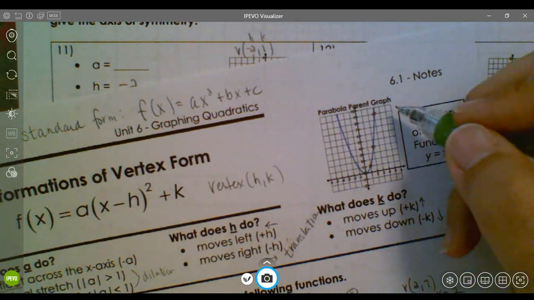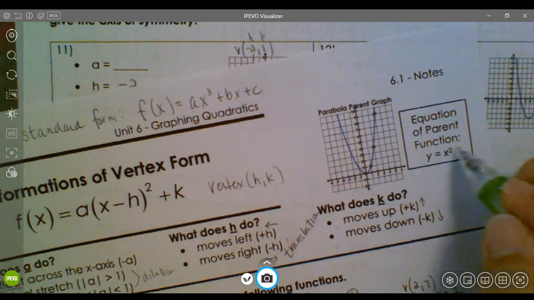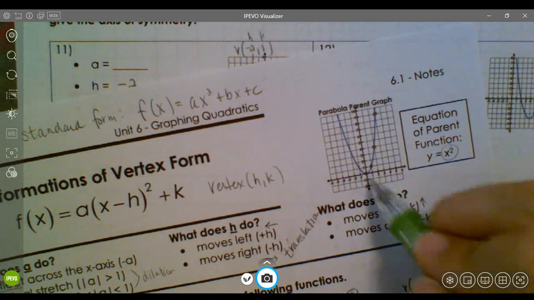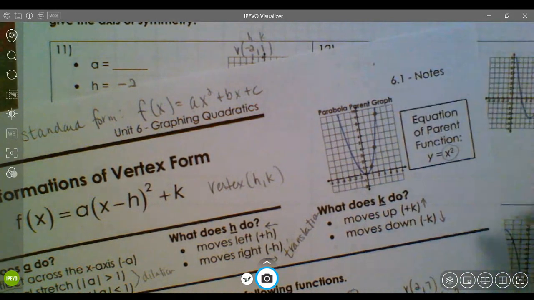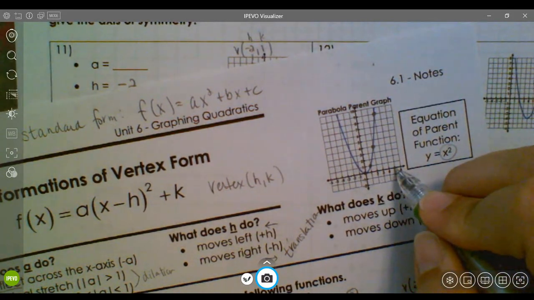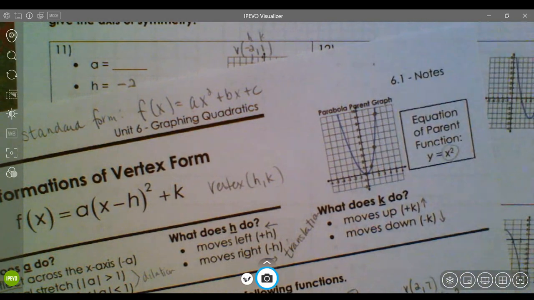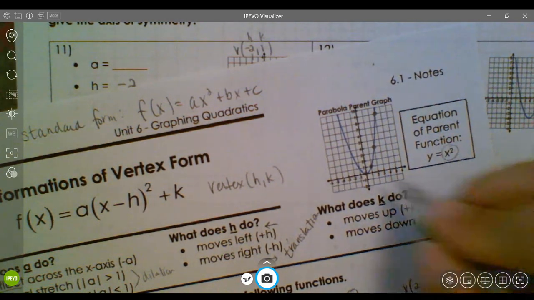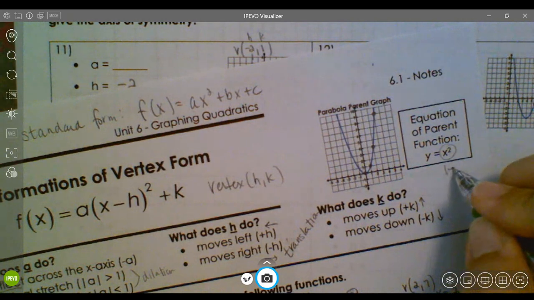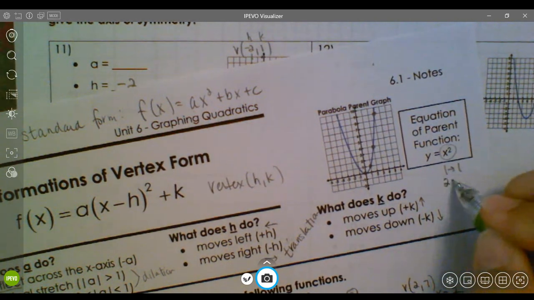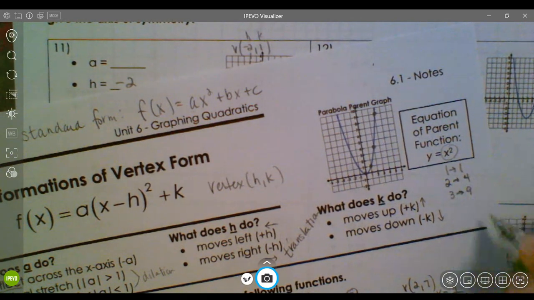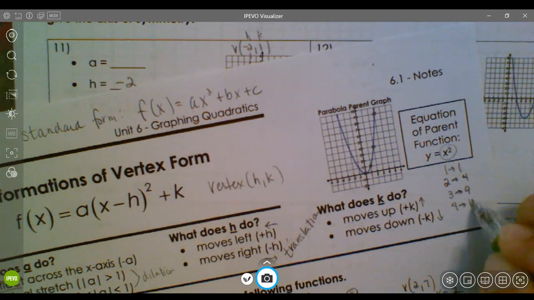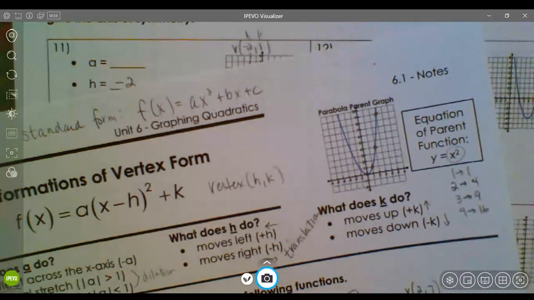Remember, the vertical displacement is the square of the horizontal because it's x squared. If I went 4 units to the right, 4 squared puts me at 16. If I went 5 units to the right, 5 squared puts me up at 25. So 1 to the right takes us 1 up, 2 to the right takes us 4 up, 3 to the right takes us 9 up, 4 to the right takes us 16 up, and so on, okay?